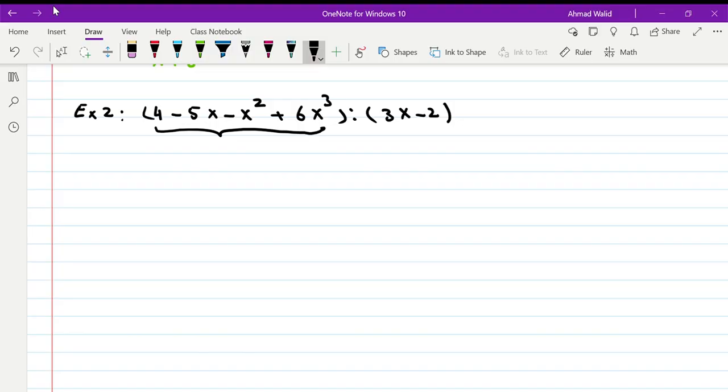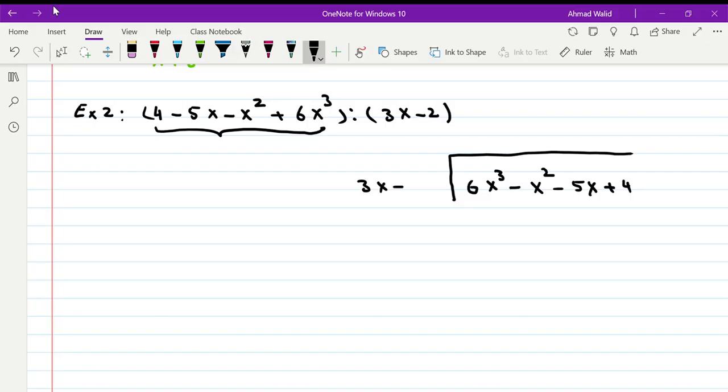It means I will write 6x cubed first, then minus x squared, minus 5x, plus 4. Now this divided by 3x minus 2. Again, I follow the steps.